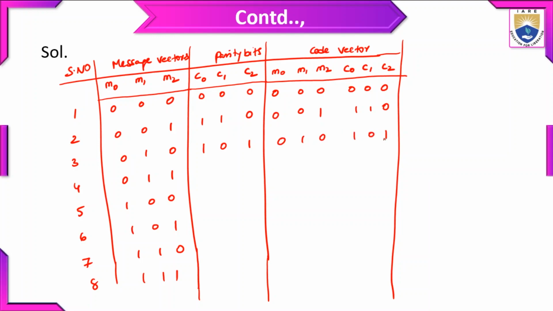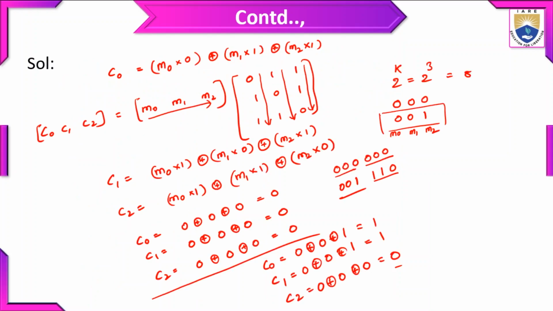Similarly, you multiply like this. The M0, M1, M2 values are changing. So these are the parity bits. C0 is a parity, and similarly these two, so totally three parity bits.